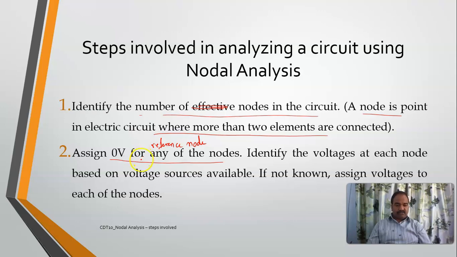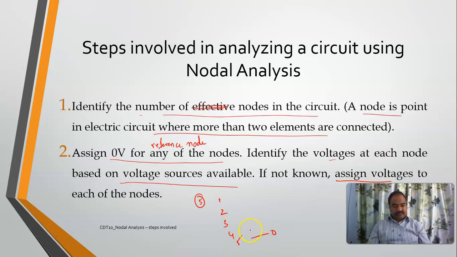Once the reference node is identified and 0 volts is assigned, the voltages at the other nodes must be identified based on the voltage sources. If that is not available, then you should assign some voltages. Let us suppose there are 5 nodes, 1, 2, 3, 4, 5. One of them will be assigned 0.